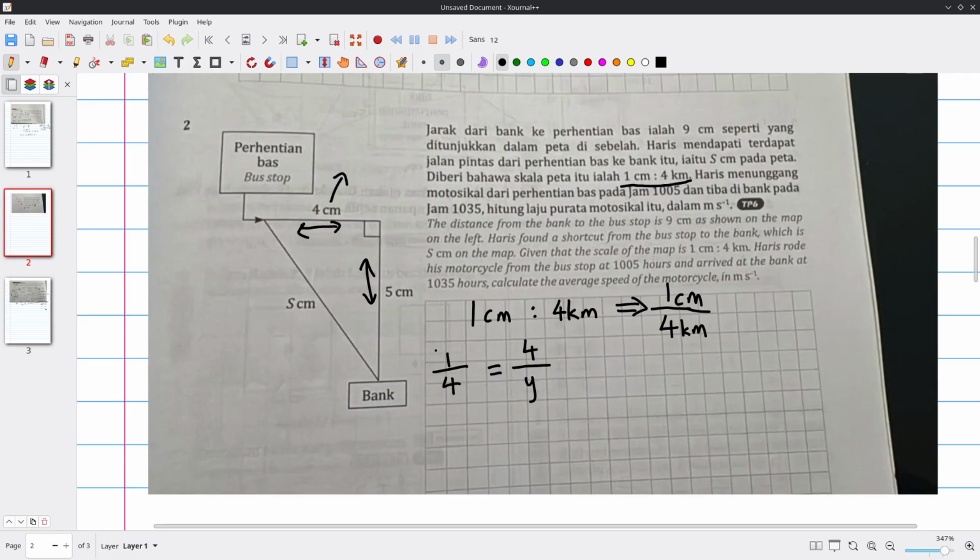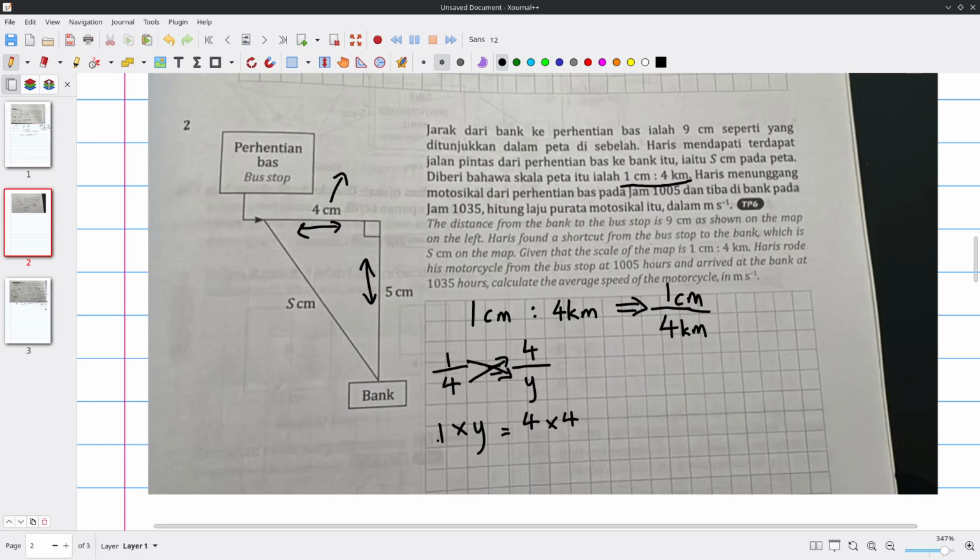Jadi this is a fraction. Okay, equivalence of fraction. So kita boleh buat darab silang saja. Okay, so kalau 1 kali dengan Y, cikgu dapat 1 kali Y lah, is equal to 4 kali 4 lah.